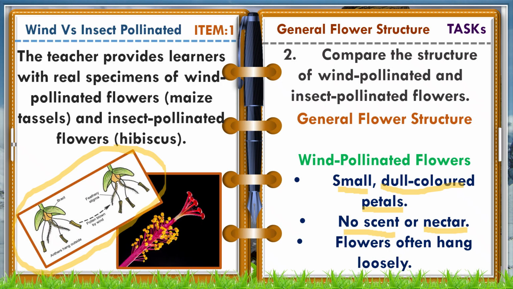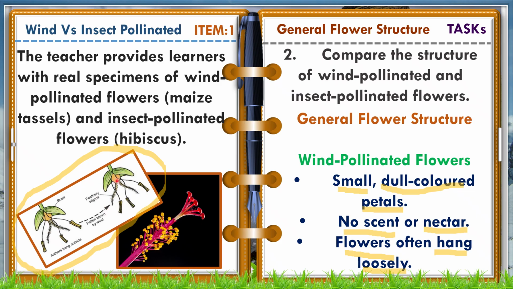And in addition to that, the flowers often hang loosely. The flowers are just hanging loosely. Why? Because they are wind pollinated. So they hang loosely so that the wind can easily shake the anther head and allow the pollen to flow, and it goes and it lands onto the stigma.